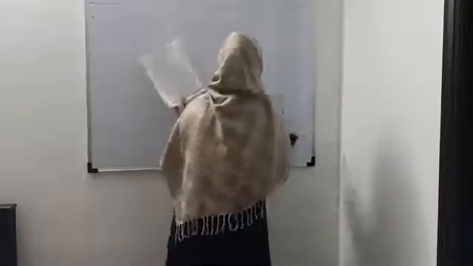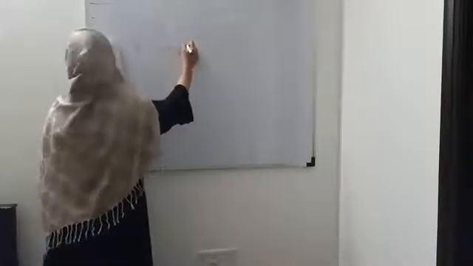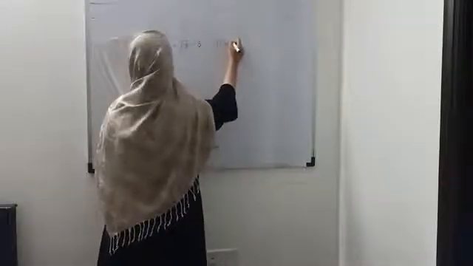The next one is under root of x minus 3, the b part. Question number 6, b part. f of x is equal to under root of x minus 3 and g of x is equal to 5 minus x.